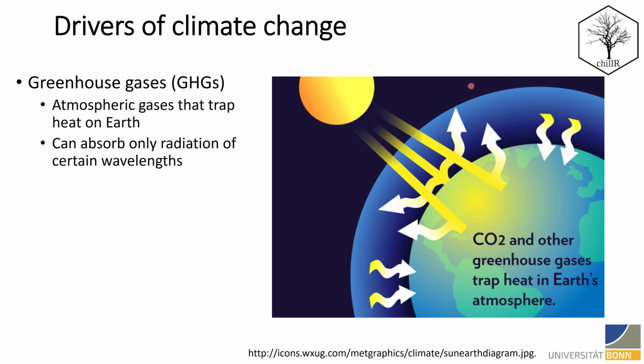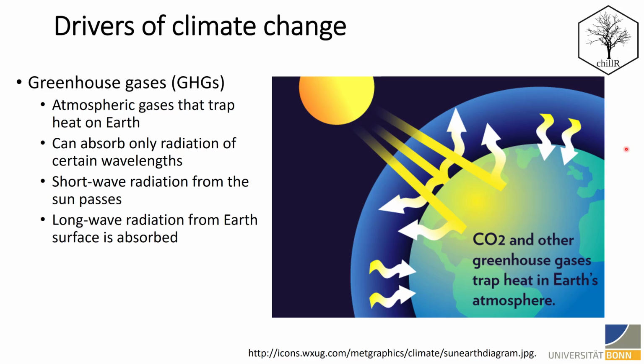Greenhouse gases are gases that can absorb only radiation of certain wavelength. They're not great at absorbing shortwave radiation that comes from the sun, so that basically passes this layer of greenhouse gases, but they quite effectively absorb long-wave radiation that comes from Earth.